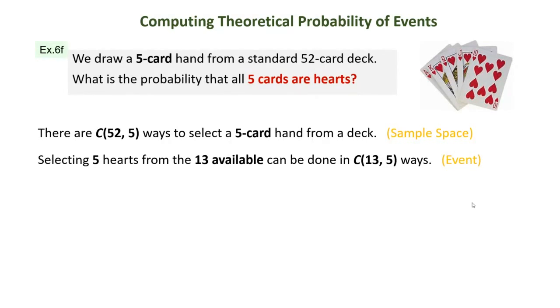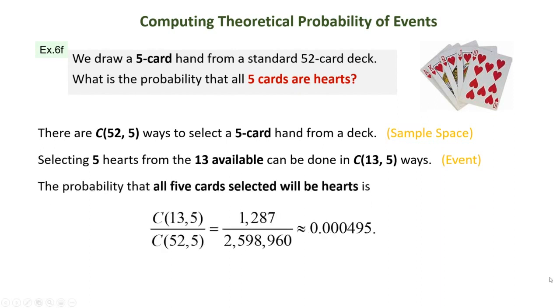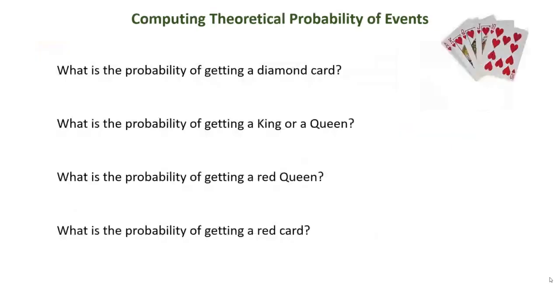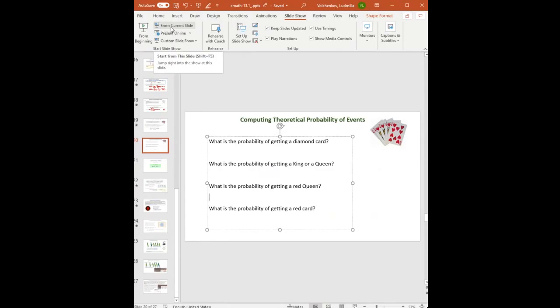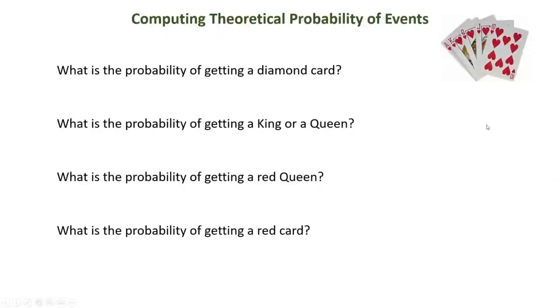There are 13 hearts in total, so the combination will be in the numerator and in the denominator. In the homework, for those who do not know the composition of a deck, in the problem there is a link to the full deck.